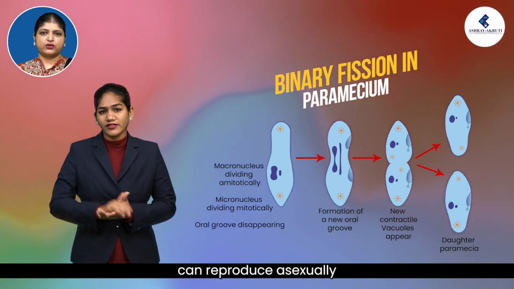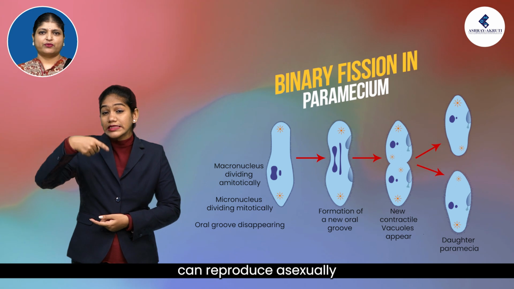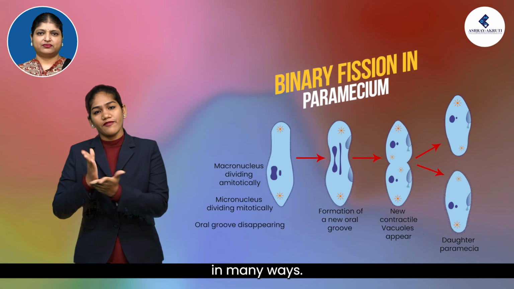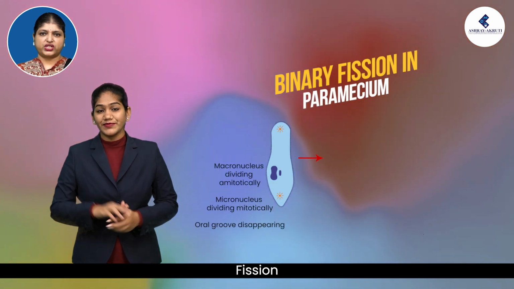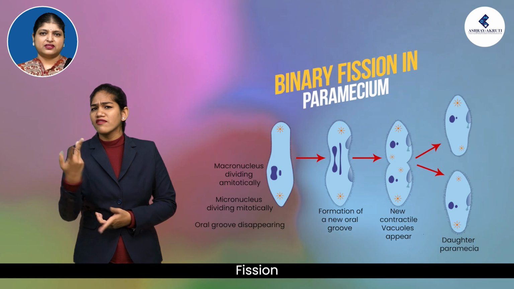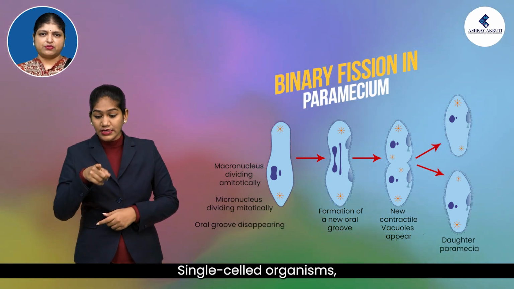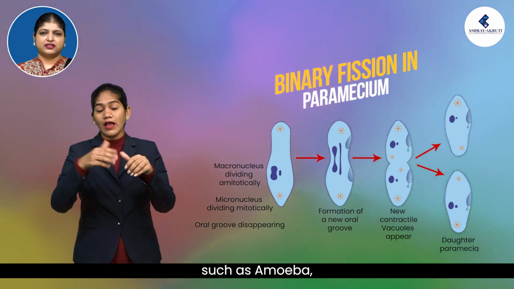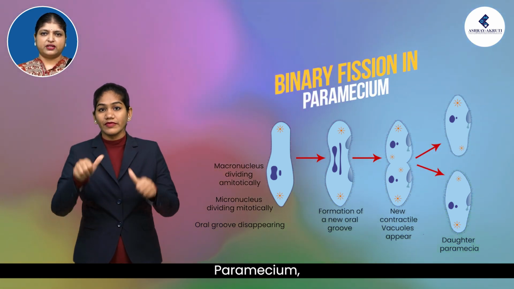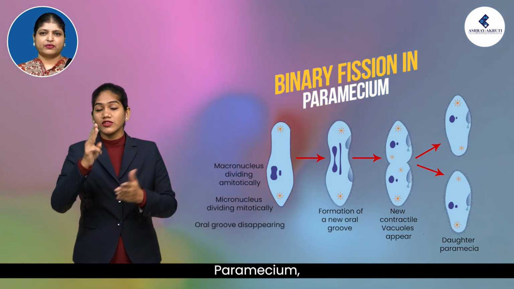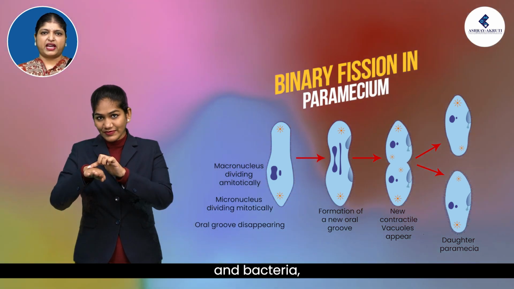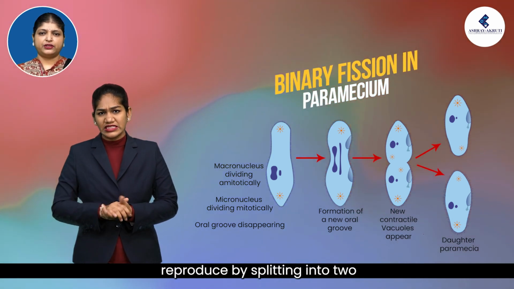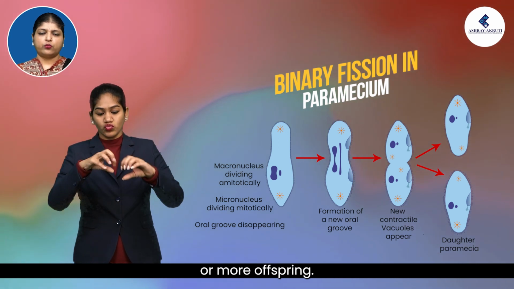Organisms can reproduce asexually in many ways. Fission. Single-celled organisms such as amoeba, paramecium and bacteria reproduce by splitting into two or more offspring.